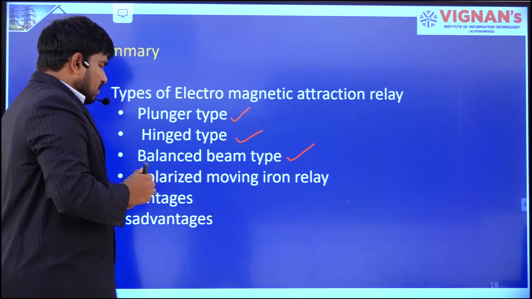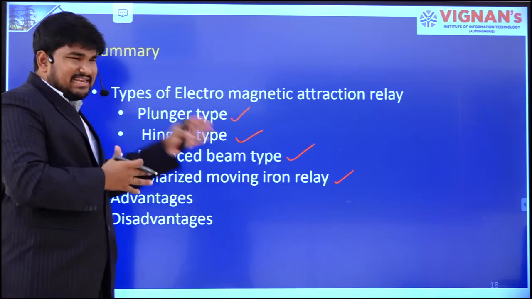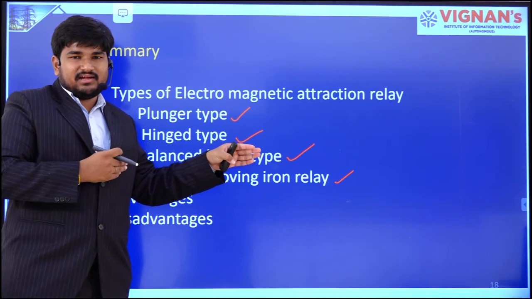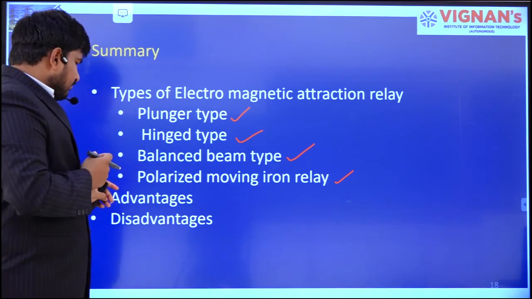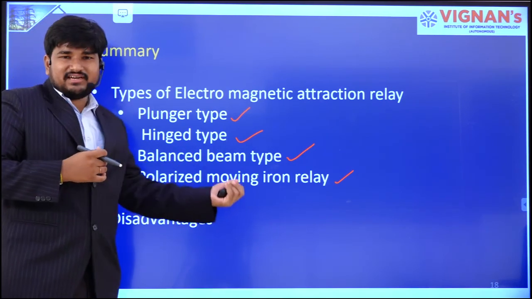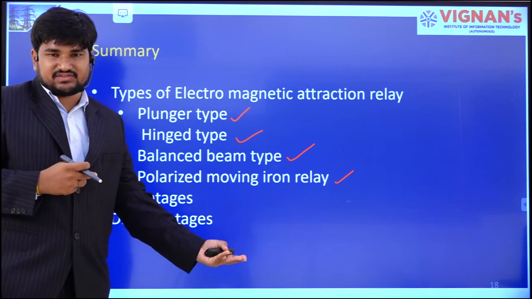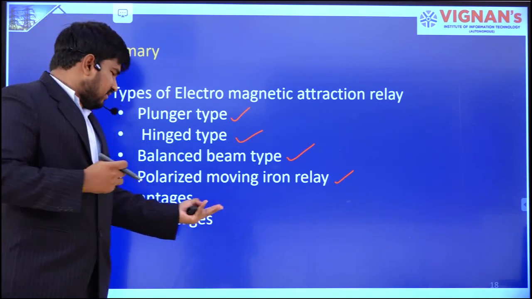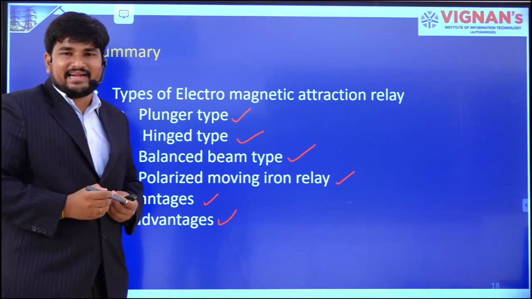And the last one is the polarized moving iron relay. After that we have seen the operation with DC as well as AC, right? Then we have seen some methods to avoid doubling effects as well. And the last one, we have seen the advantages and disadvantages of electromagnetic attraction type relays.